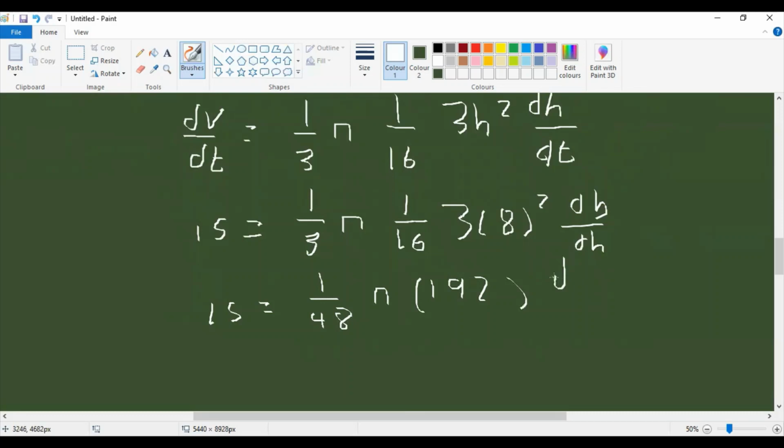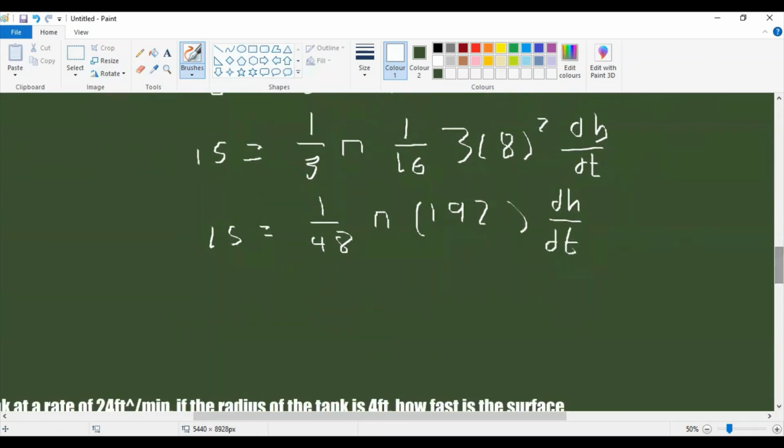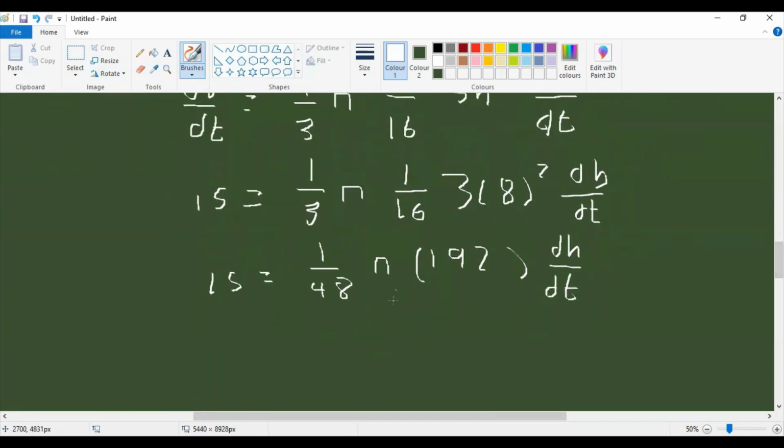So we have here dh. Oh, I made a mistake. I didn't notice it. This should be dh over dt. Sorry about that. So we have this one. Then the next step is to divide this in order to be cancelled, and we will get our final answer.